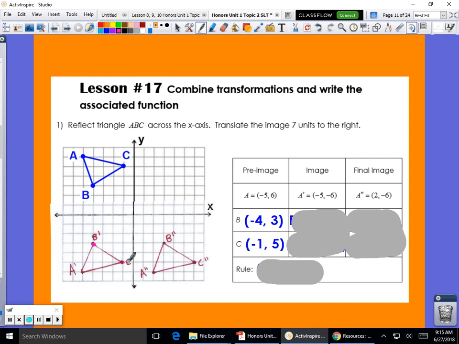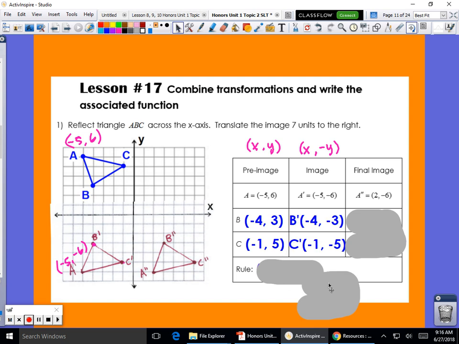All right, so the pre-image of negative 5, 6, I went up 6, but now I have to go down 6, right? So that negative 5 comma 6 became negative 5, negative 6. So the x stayed the same, but the y became its opposite. Right? If we started with x, y, what happened to get from here to here? Oh, yeah, the y became its opposite. All right.